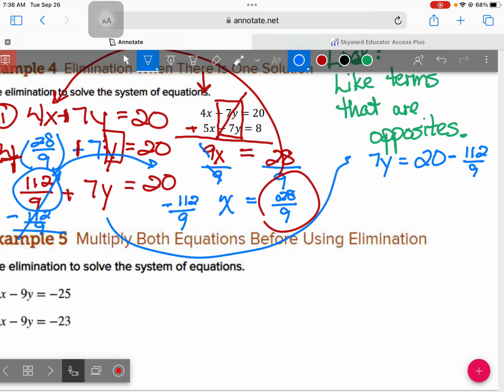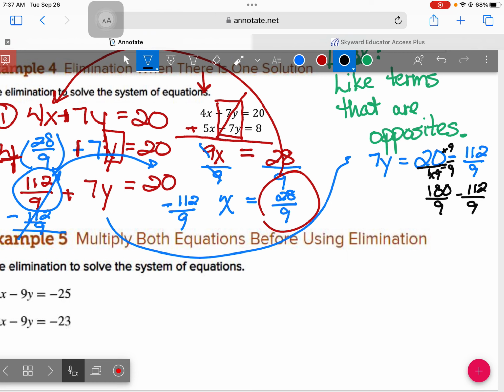All right. I need to make this 20 have the same denominator. Okay? So I want this to be something over 9. How do I go from 1 to 9? Multiply by 9. So I'm going to multiply this top one by 9 too. 20 times 9 is 180 ninths minus 112 ninths.